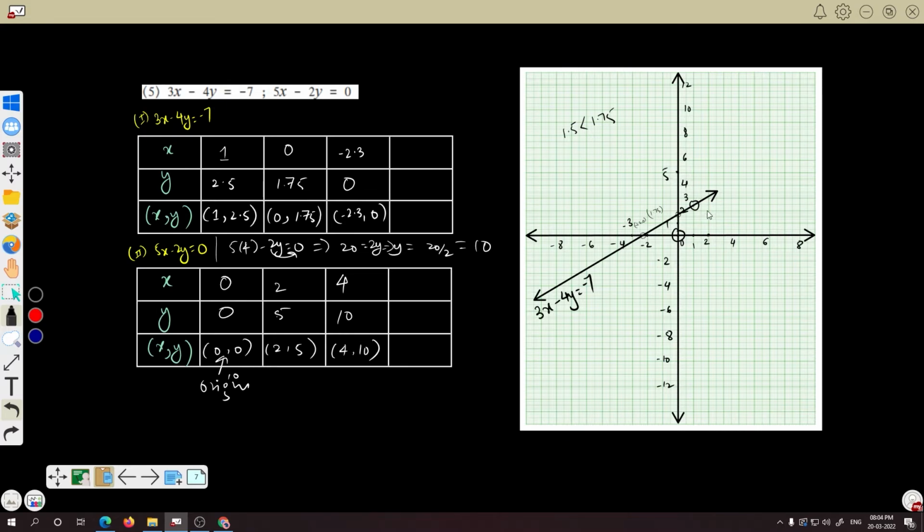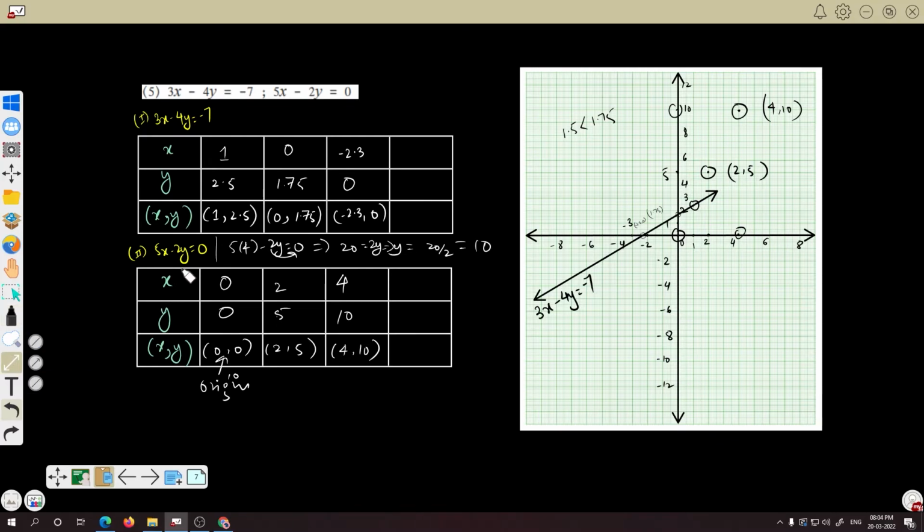This point is 5. So 2 comma 5 will be at this point. I'll mark this. This is 2 comma 5. Now the third point is 4 comma 10. So x coordinate is 4. This is 4 and 10 is at this position. So 4 comma 10, if I mark this exactly at this position, this is 4 comma 10. I hope this is clear to you.